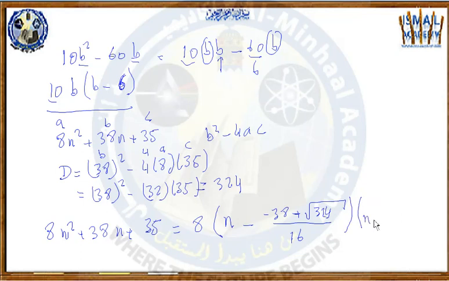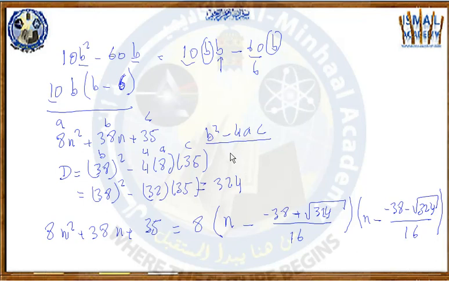And we have n minus minus 38 minus the square root of 324 over 2 times a, which is 16 again. Is that clear? Where did the 4 come from? This one is from the formula, it's 4ac.